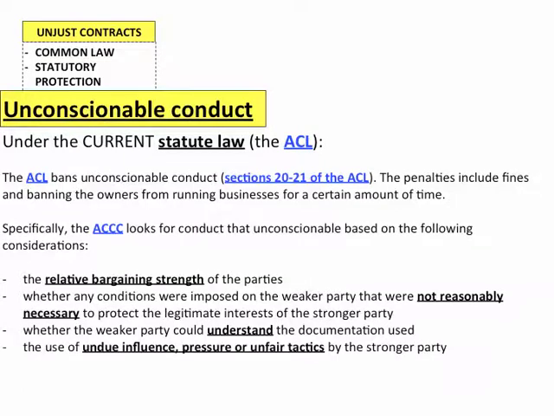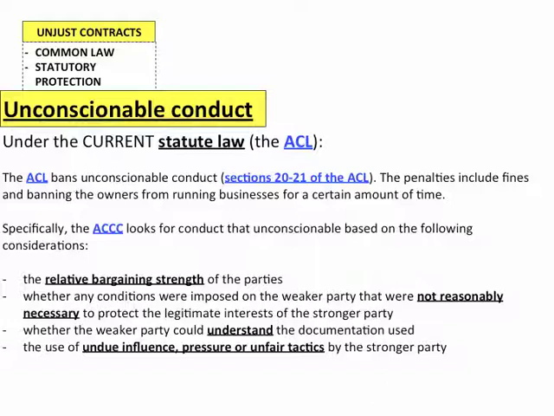And things like undue influence, things like pressure, unfair tactics used by the stronger party. So in the Craftmatic case, when it came up again in 2013, they said, look, the pressure and unfair tactics used by Craftmatic were unconscionable, right?